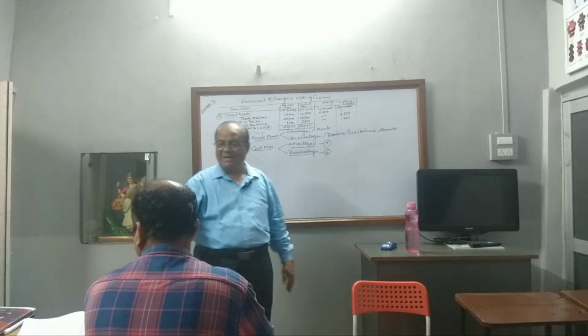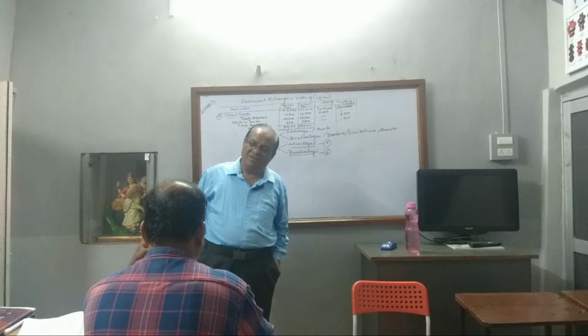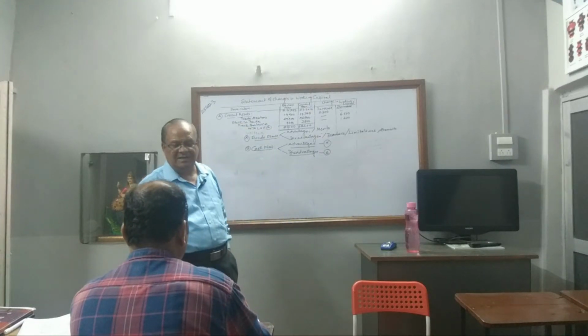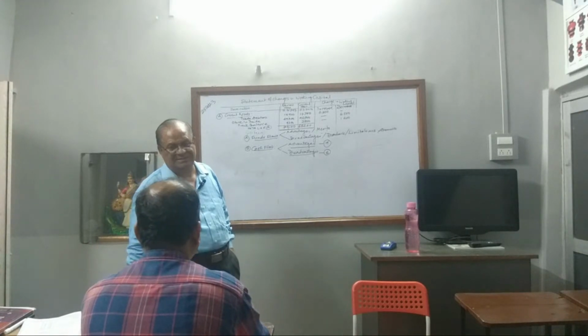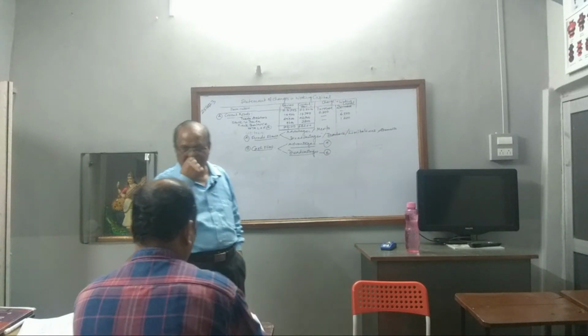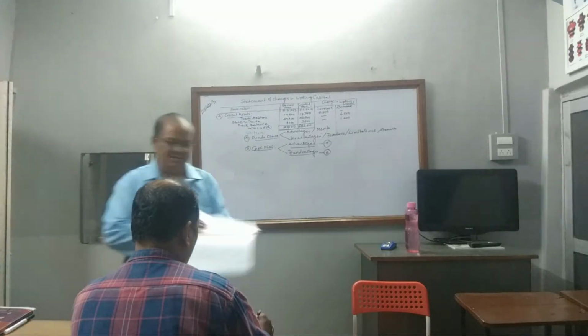Then now the financing activities: by issuing shares, issuing debentures, taking loans, cash is incoming and cash is outgoing. Out of these three, they can ask you to find out one activity: operating, financing, or investing activities. Okay, you got this? You followed this?